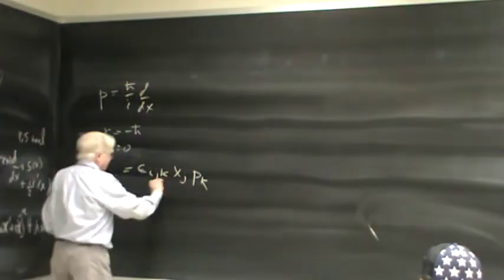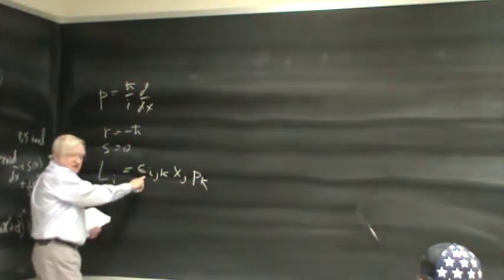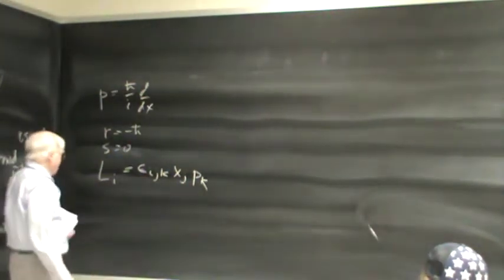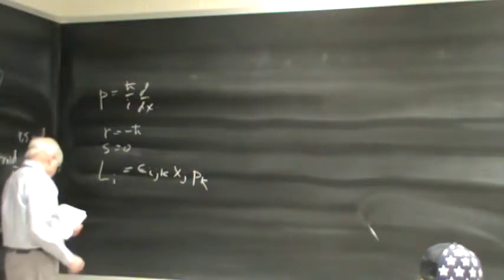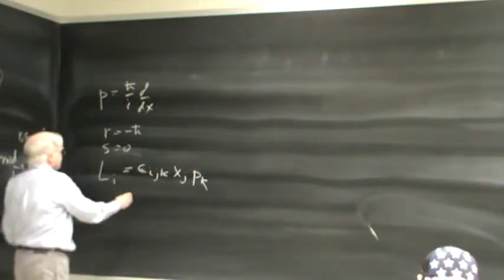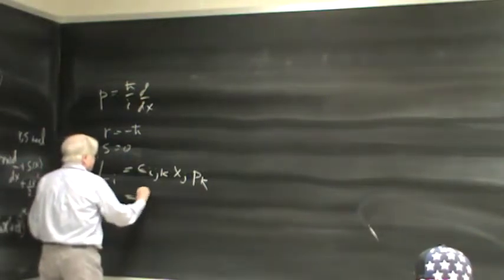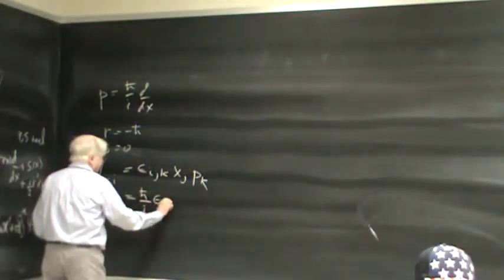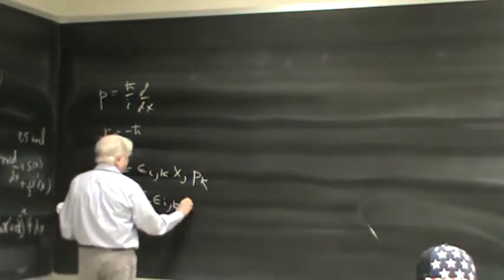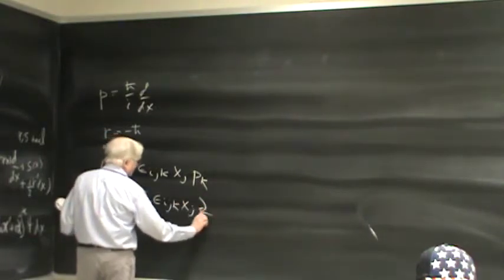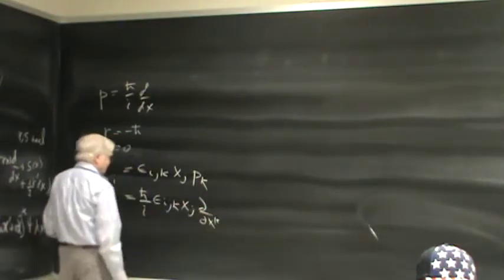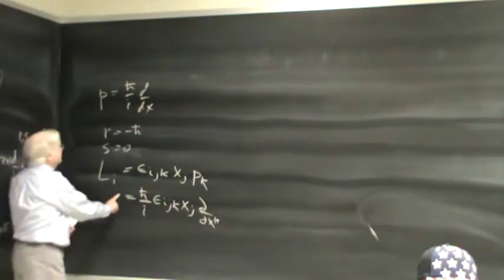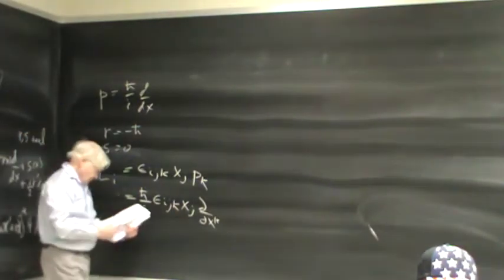We're summing over j and k from 1 to 3. This is the Levi-Civita symbol, totally antisymmetric. And this satisfies this, with this being h bar over i epsilon ijk x_j partial x_k. So that's the form. You can verify that this satisfies those rules.